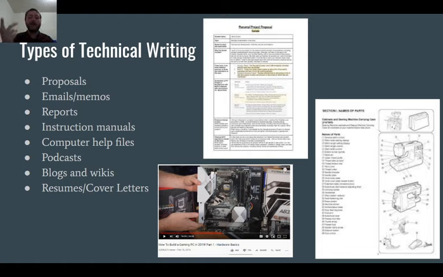This person right here is probably throwing out a bunch of terms referencing computer parts, how to build computers, sources on how you get information or where you can buy parts. And so that person, when they were coming up with the script or instructing everyone how to build the computer, had to be very vigilant of what kind of terms they used to describe what they were doing. Blogs and wikis, same type of deal.